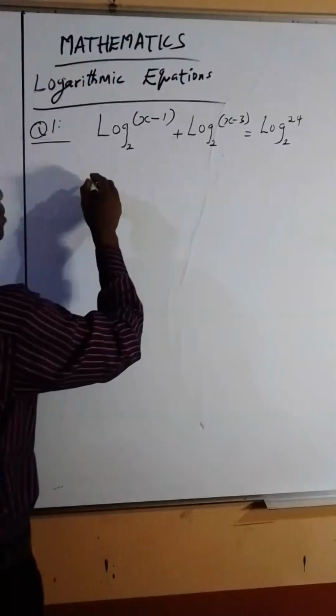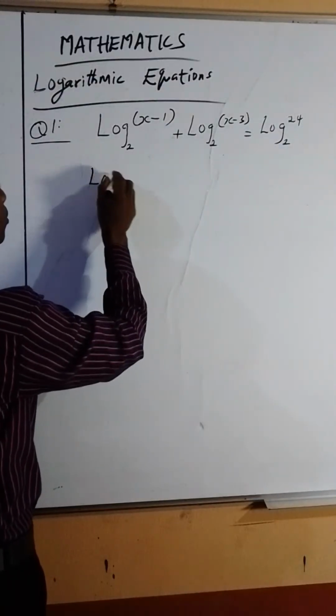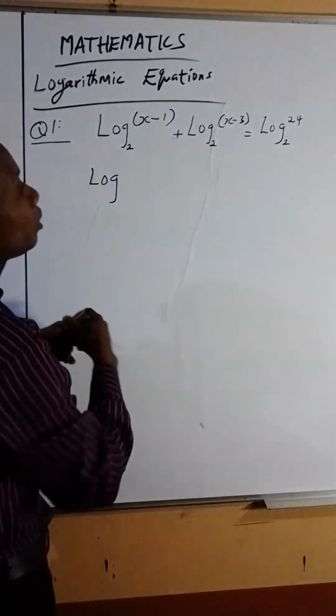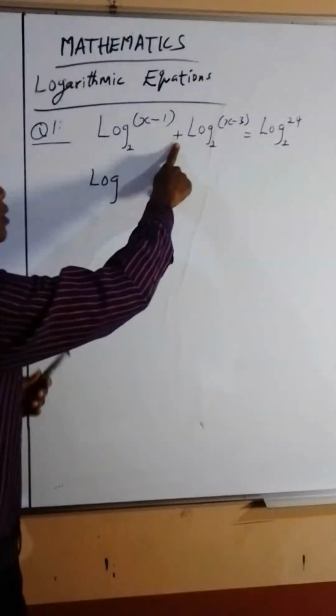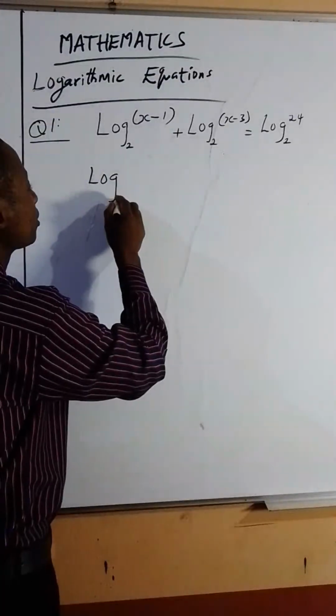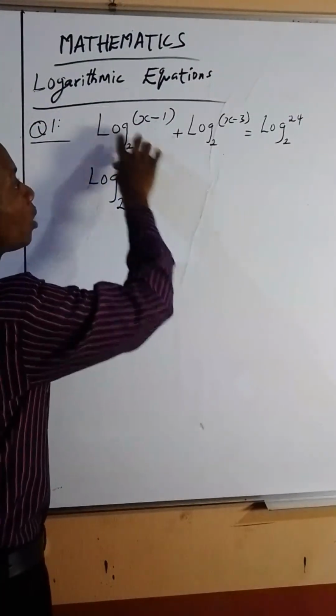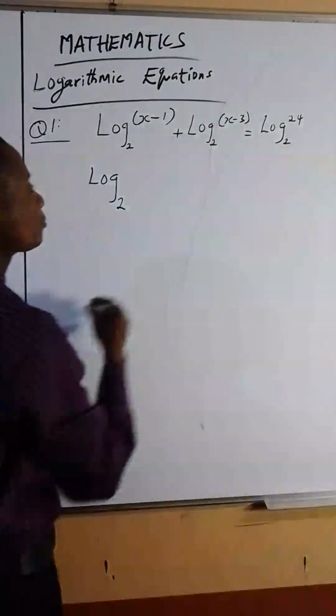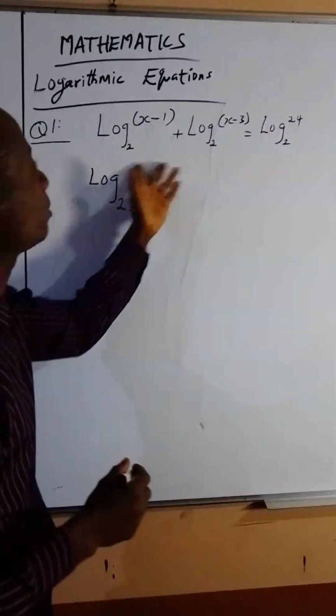Here, we are going to apply the law of addition of logarithms. Since the bases are equal, there is no problem at all.